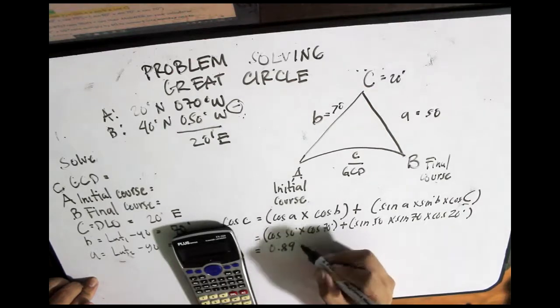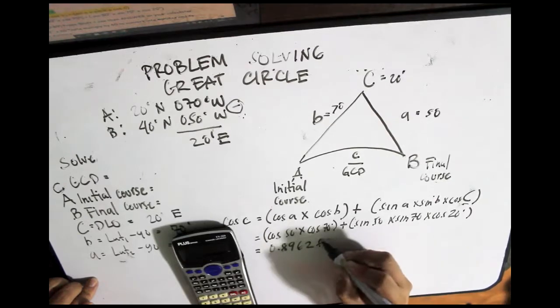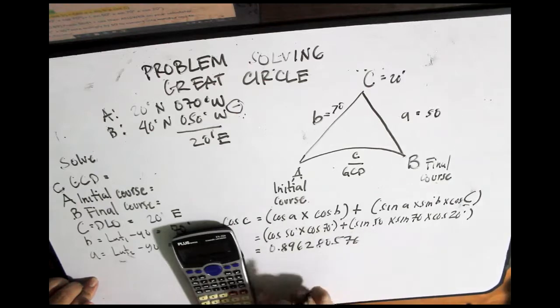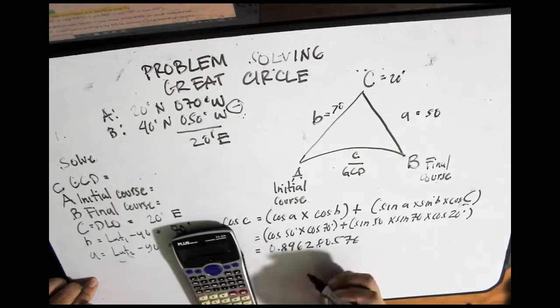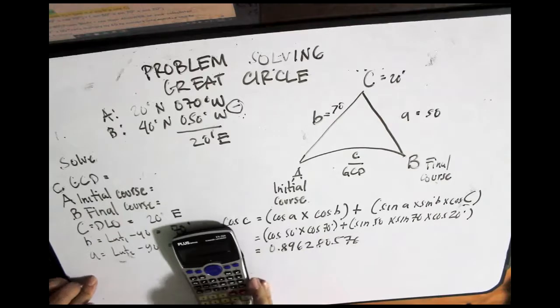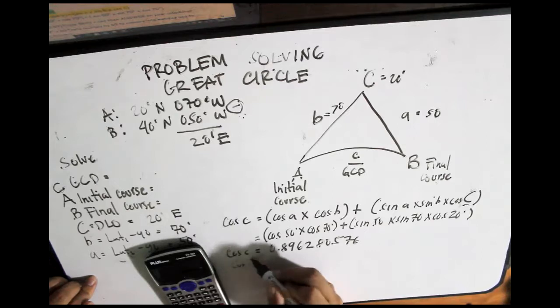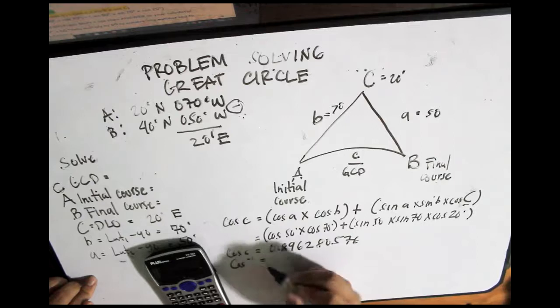Okay? So, the answer would be 0.8962, wait, 6280576. Okay? Yan dapat yung magiging sagot. Okay? And, we do the cosine to negative 1. Okay? Cosine to negative 1.